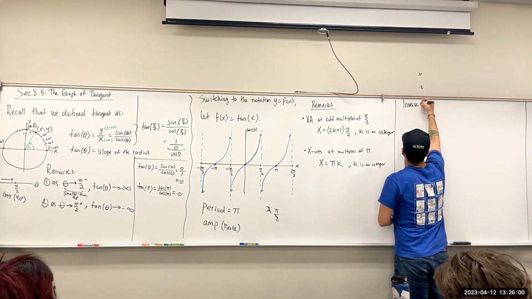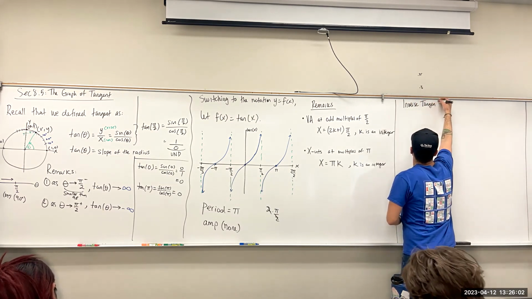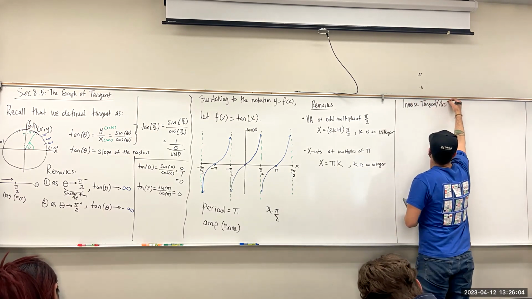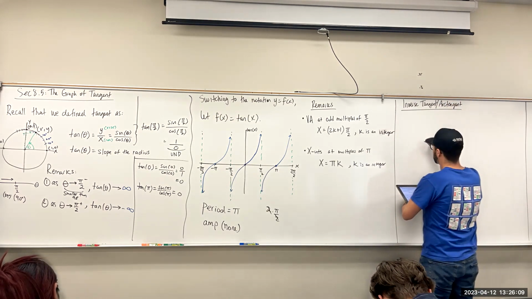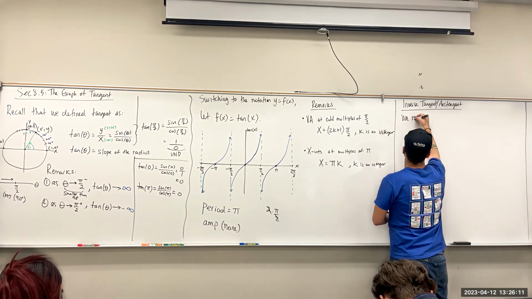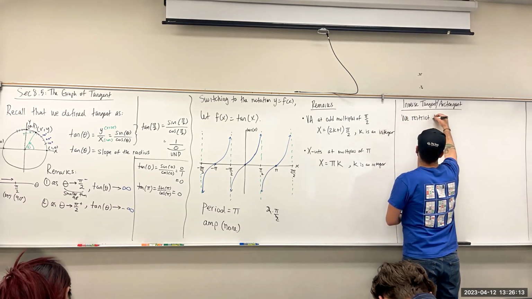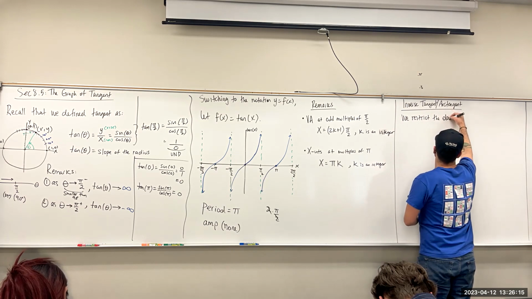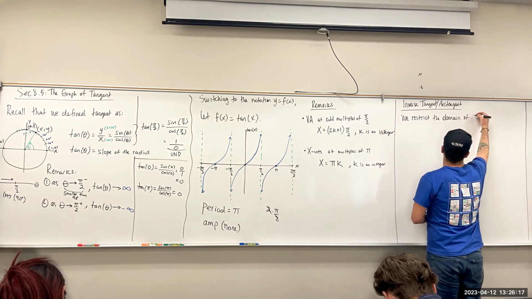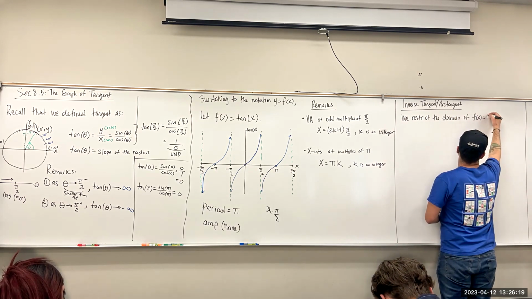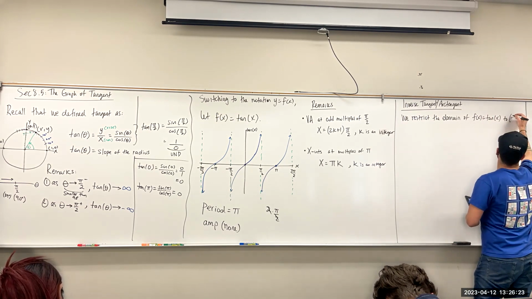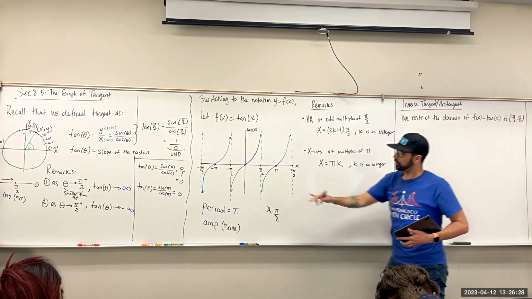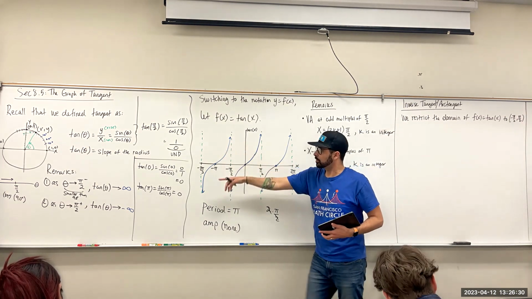So for the inverse tangent, or sometimes called arctangent, we restrict the domain of f of x equal tangent of x to -pi/2, pi/2, but not including them because they're not in the domain, right? They're undefined there.